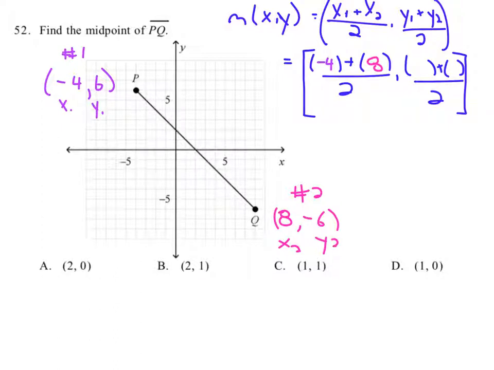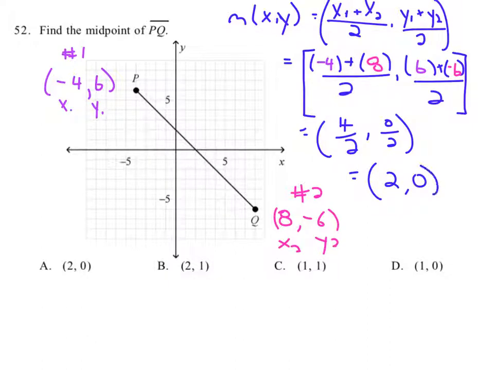For the y coordinates, y1 is 6 and y2 is -6. When we simplify, -4 plus 8 is 4 over 2, comma, 6 plus -6 is 0 over 2. 4 divided by 2 is 2, and 0 divided by 2 is 0. So 2, 0 is our midpoint.